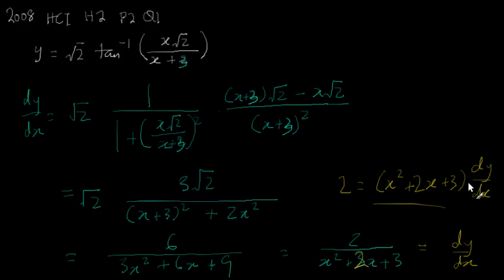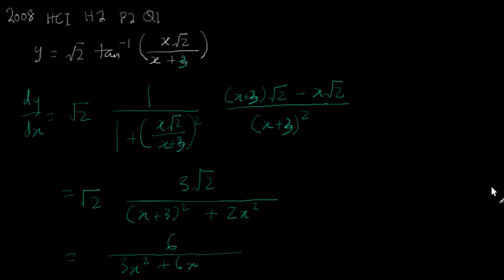But it's actually easier to differentiate this, because this one involves a fraction, and it's always more complicated to differentiate fractions, as you have seen. We need to use the quotient rule, which is a bit messy. So let's do it by differentiating this implicitly. Let's see how to do that. Let me just clear this.